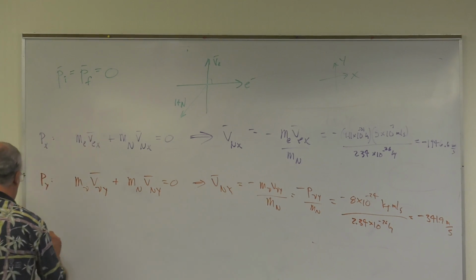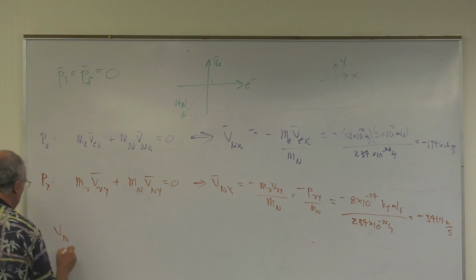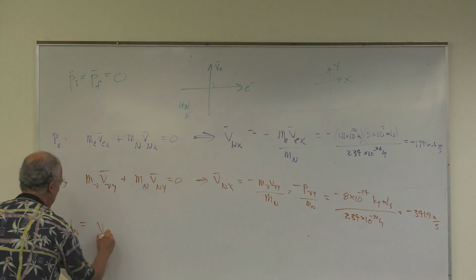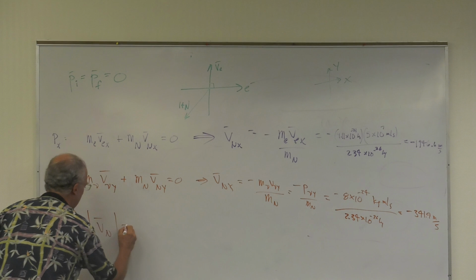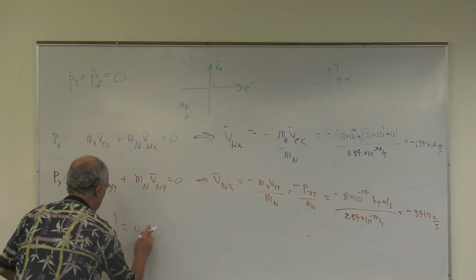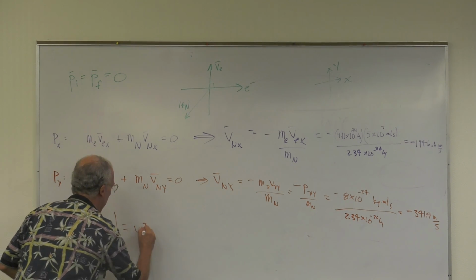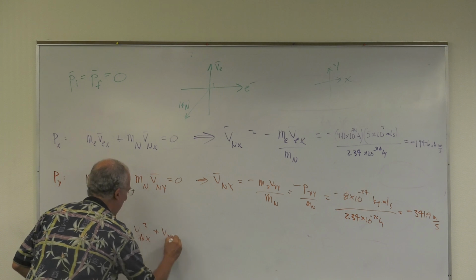Pythagorean theorem, right? So the speed of the nitrogen, if you want to be picky, is just the square root of V nitrogen x squared plus V nitrogen y squared.